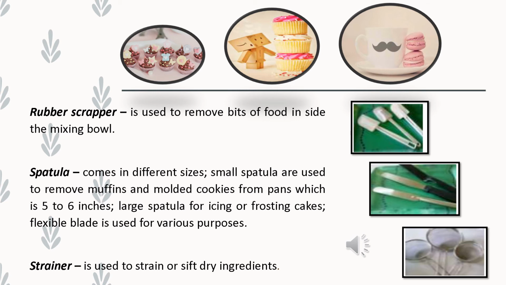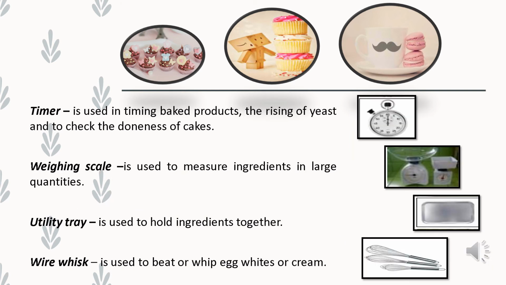Strainer is used to strain or sift dry ingredients. Timer is used in timing baked products, the rising of the yeast, and to check the doneness of cakes. Weighing scale is used to measure ingredients in large quantities. Utility tray is used to hold ingredients together. Wire whisk is used to beat or whip egg whites or cream.